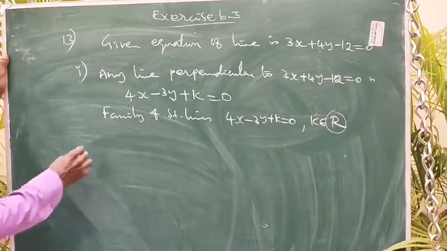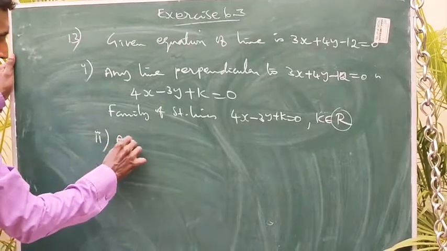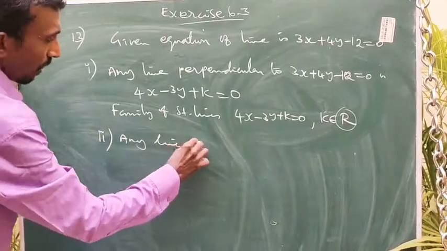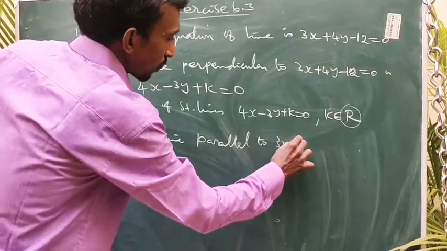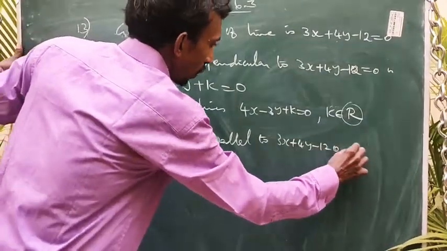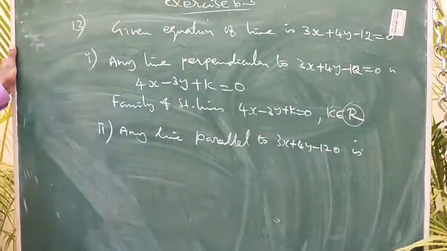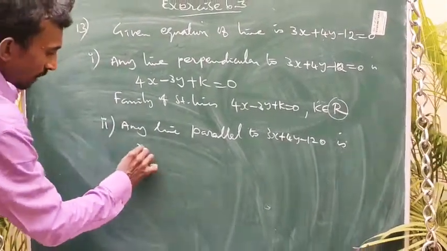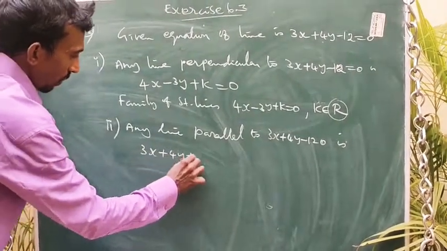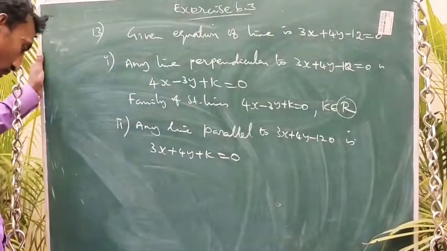Very simple one. Second one: any line parallel to 3x + 4y - 12 = 0 means they differ only by the constant term, 3x + 4y plus some other constant equal to 0.